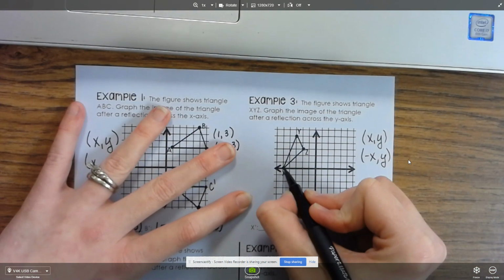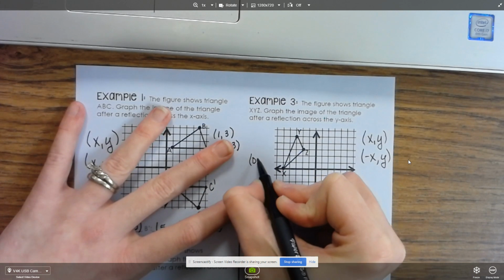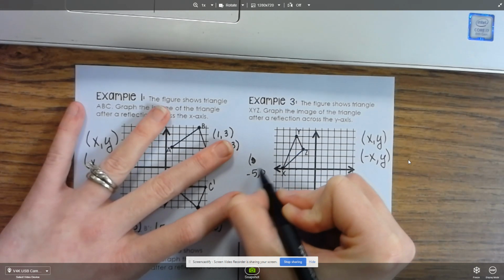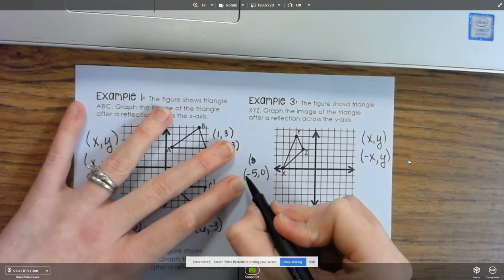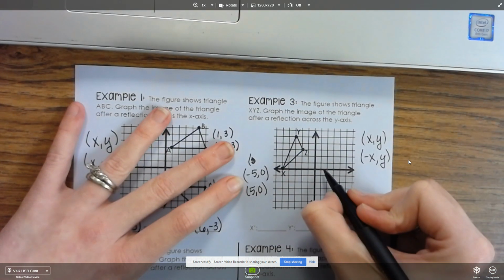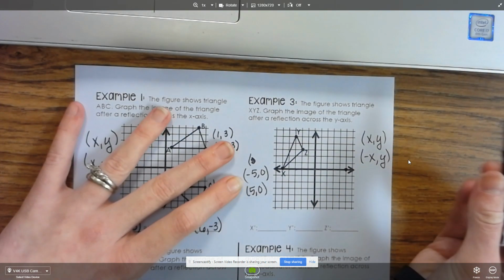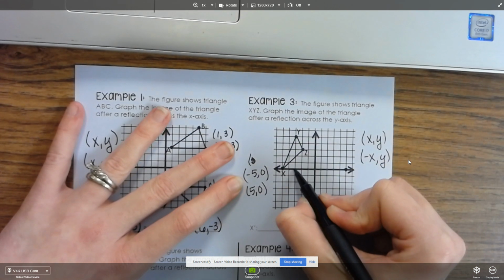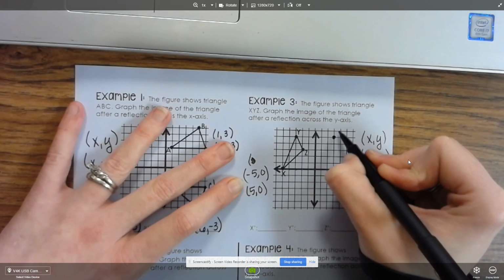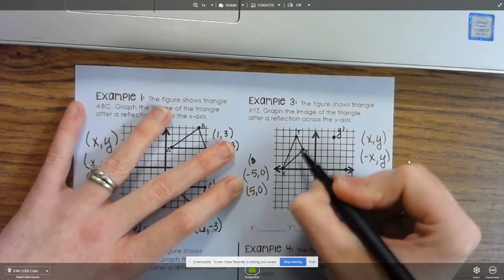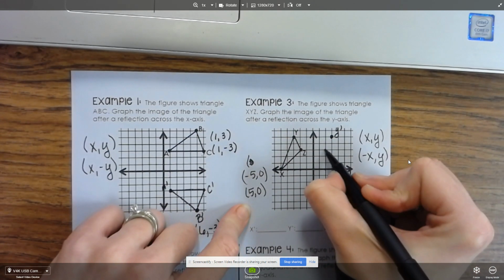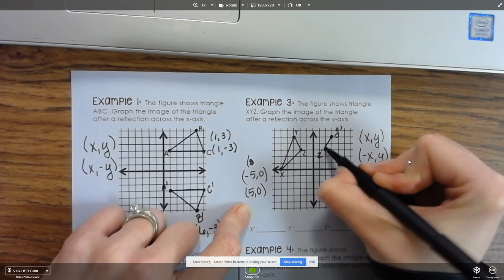So for example, X here is at -5, 0. So I've got to change the sign. So it's already a negative, which means it would become positive. All right, so Y, this is at -3, so it would now be +3. That's an X. And then this one is at -2, so it would now be at +2.